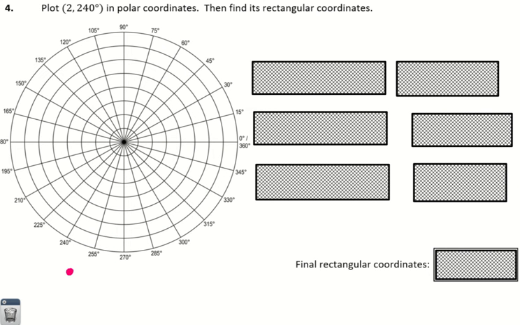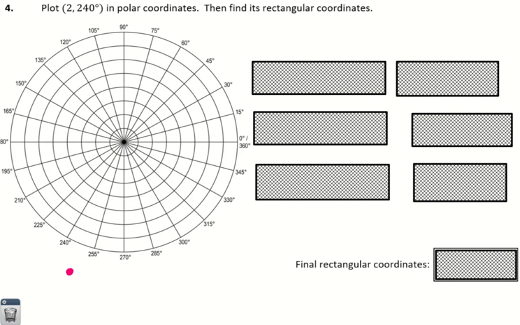Next, now we're changing gears into section 3 and beyond. Those first 3 questions pretty much only cover section 3.1 and section 3.2, and now this is where we changed gears as we got into section 3.3 and polar coordinates. So first thing I want you to do is plot it.